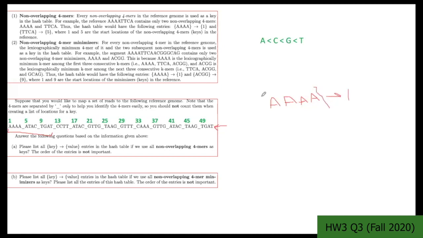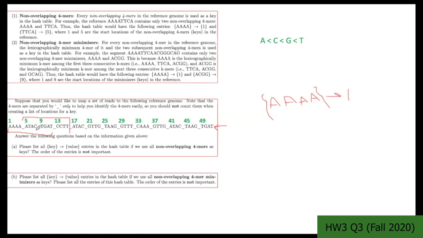Now we cannot search if these 4 characters exist anywhere else and then append the start location in the hash table. Why is that? Because we need to check only every 3 k-mers and pick the minimum, and then we check if we have other minimizers or not. So we proceed to the next 3 k-mers that are these, and then we check the minimum.